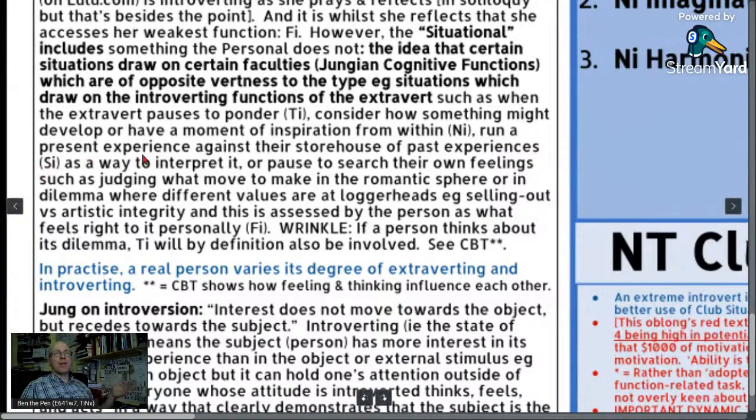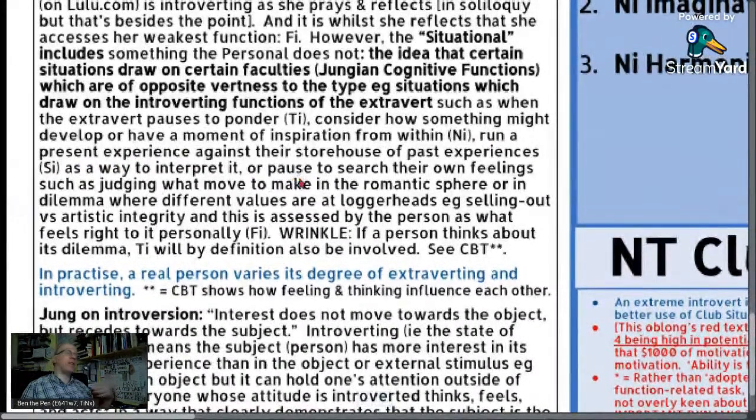ENTJ might go into Fi, but a good example might be a close relationship, where you'd say the personal is on its territory and opening up in a close relation. That would fit the small box that you get in Model G.